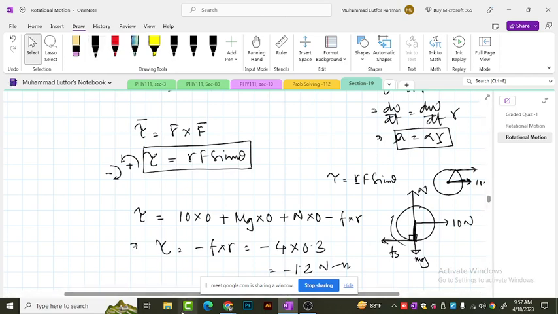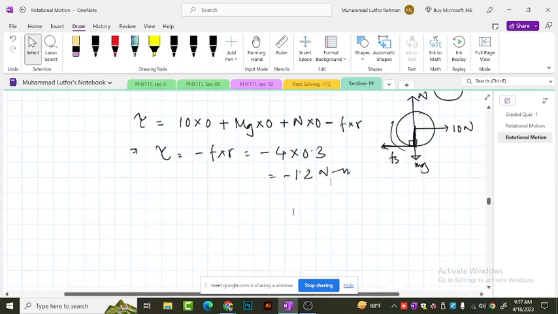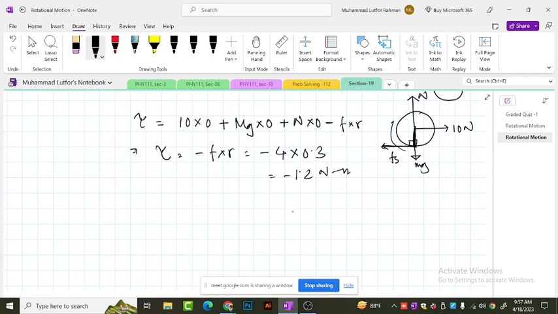Fine. So if I know the torque, then I'll be able to find the moment of inertia using that formula, torque should be I alpha. So I is torque divided by alpha. Alpha I can find out because a is alpha r, then alpha would be a by r. Let's plug in those values.